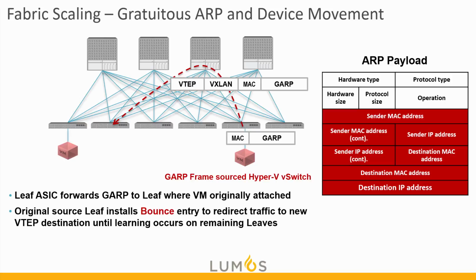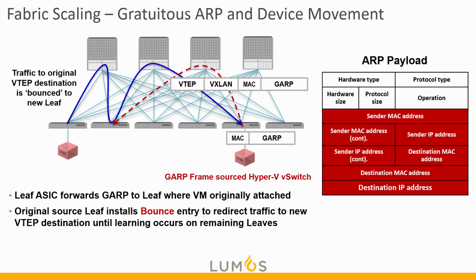That way, the leaf where it was originally attached can install the bounce entry, but we're simply unicasting that traffic. Now, if we did not have unicast routing on, then it would need to be flooded. So the flooding can still occur to mimic and utilize legacy environments, but if we're learning IP addresses, we don't need to do that, and then the bounce entry can occur.